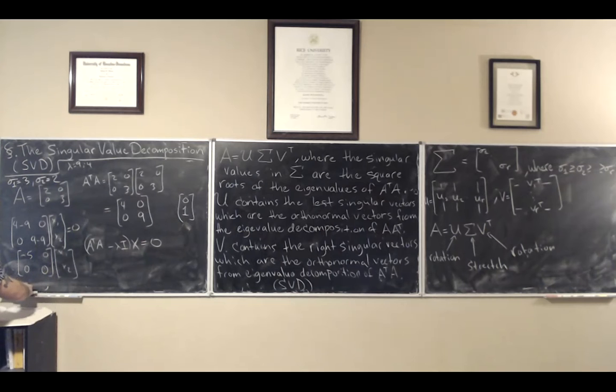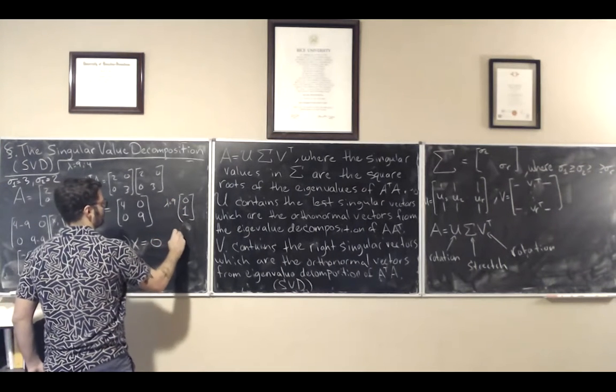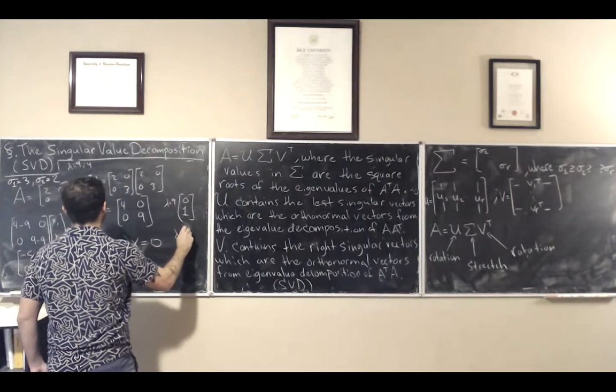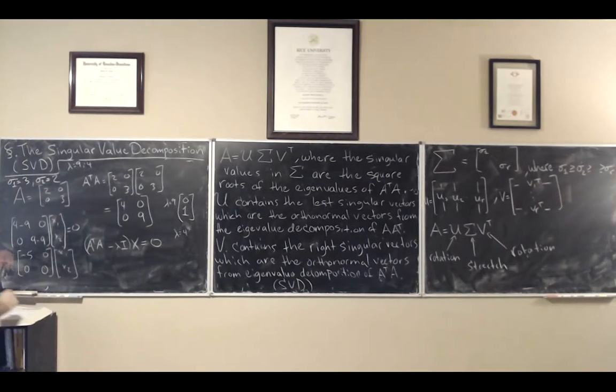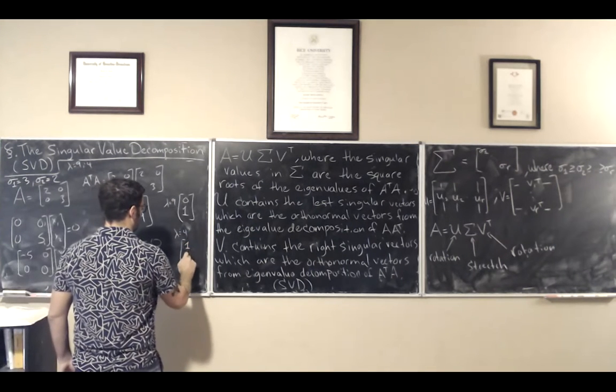And that one corresponds with eigenvalue 9, and then for eigenvalue 4, we'll have 0, 0, 0, 5. And then you can just do 1, 0.